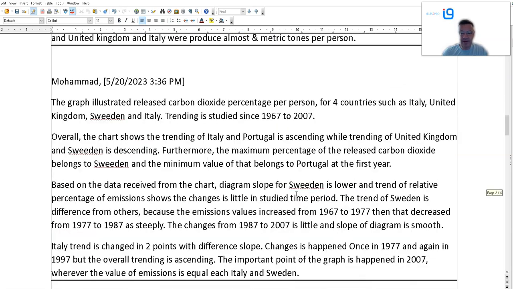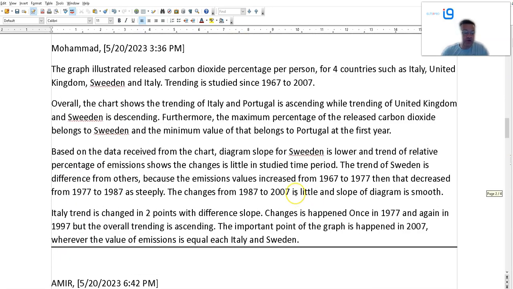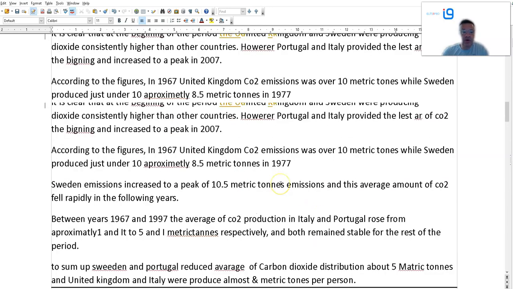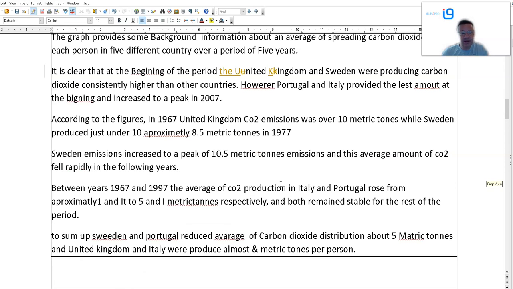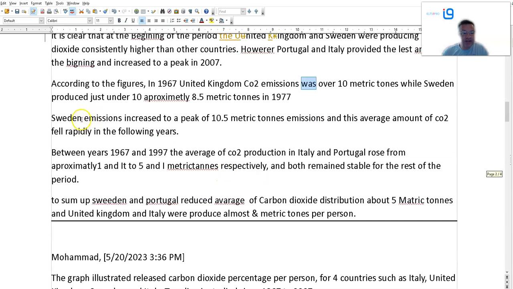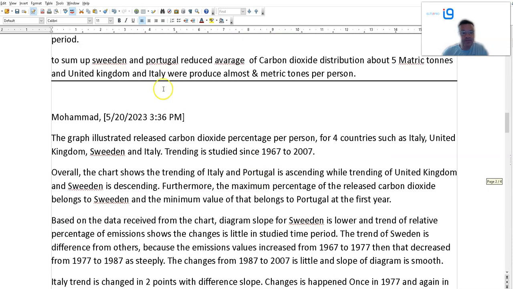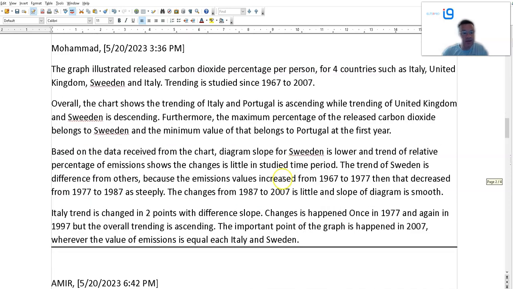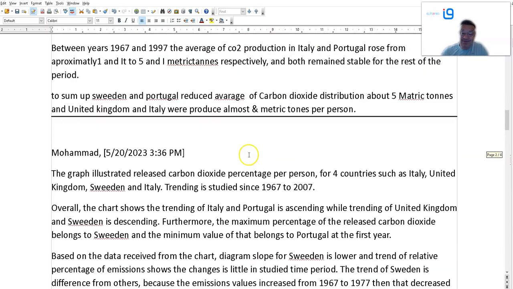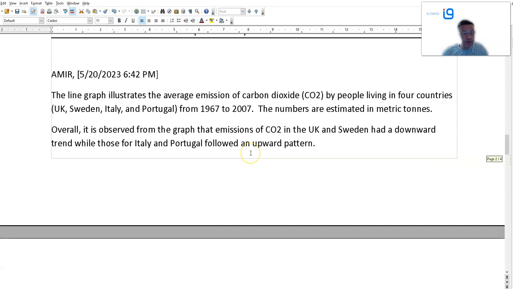There's quite a lot of errors here, not just criteria-wise in terms of task achievement, cohesion, and coherence, but you've got missing articles, incorrect verb forms, was instead of were, no possessive case, no capitalization, spelling. Minimum value of that belongs to Portugal. So article use. So these 2 need quite a bit of work, I would say.